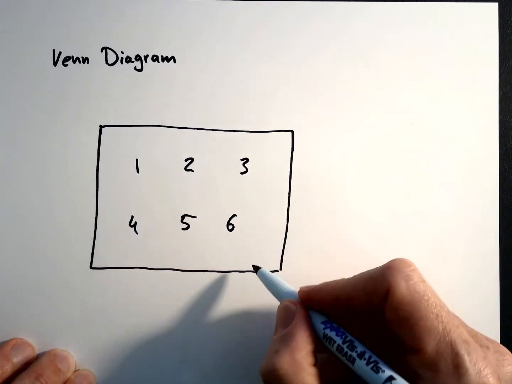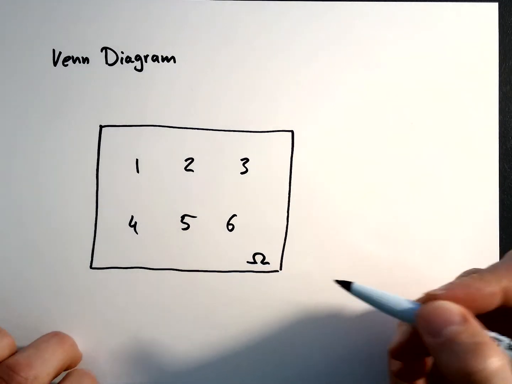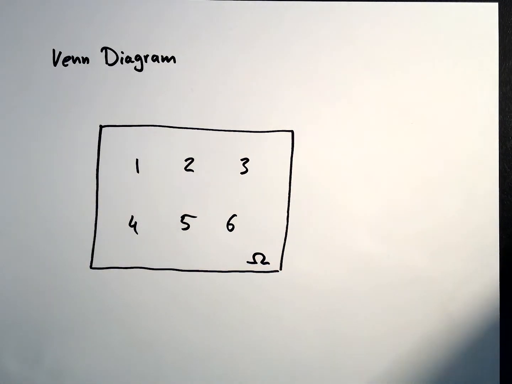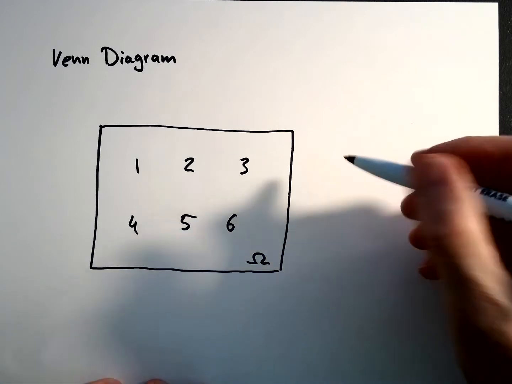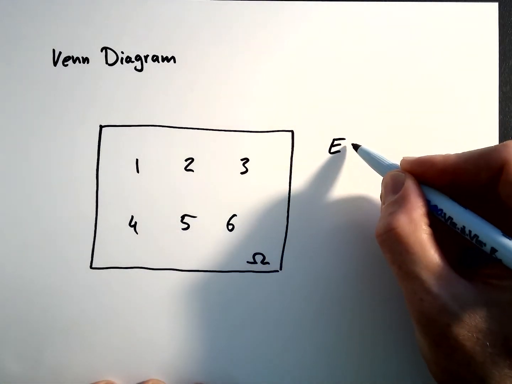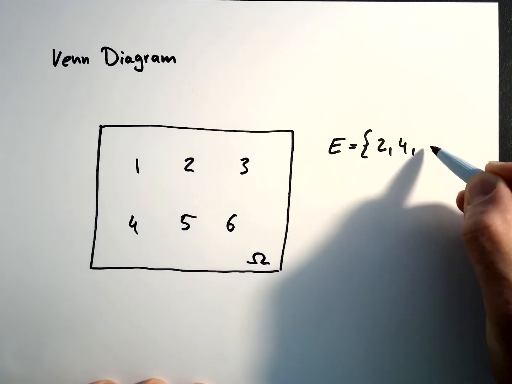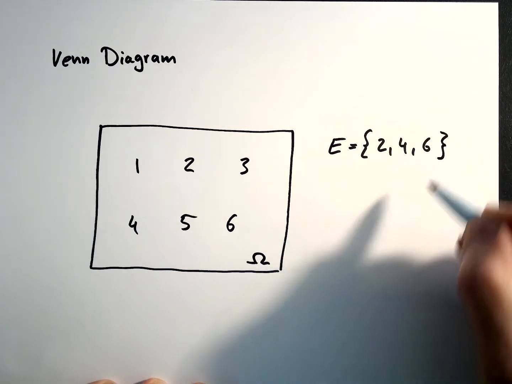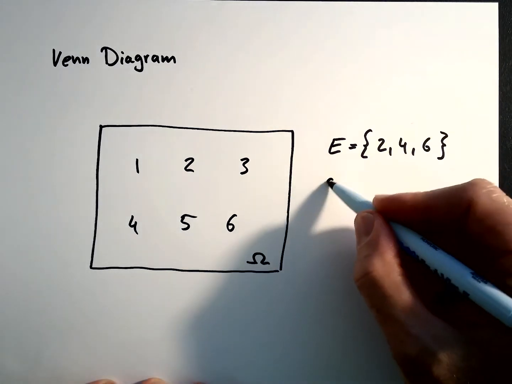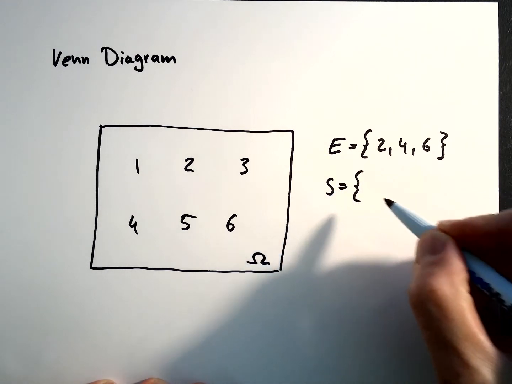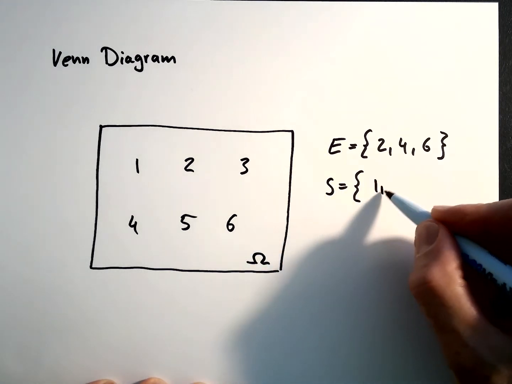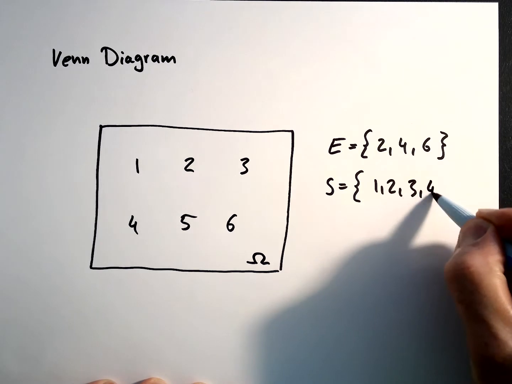Note that the entire box represents the sample space. Now let us consider two sets: set E, which contains the elements 2, 4, and 6, and set S, which contains the elements 1, 2, 3, and 4.